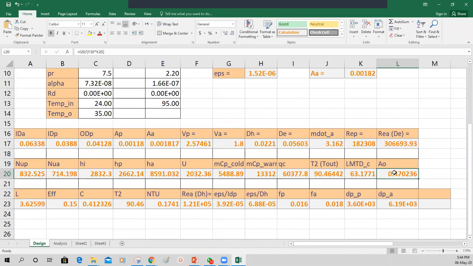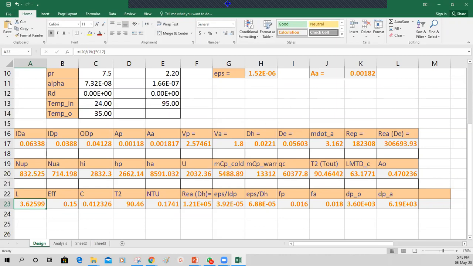We have U, we have LMTD, we have Q, so from here we find A. After we find A, we find L, because A equals pi DL. Is it clear? Yes, it's clear.